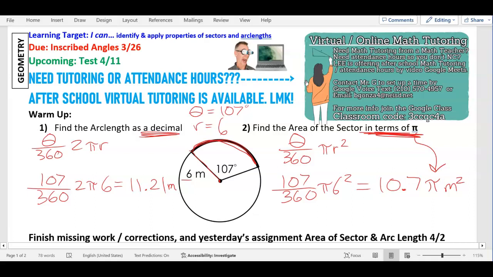And then you plug in theta and radius into your formulas. Everyone, decimal is when you type everything in, and your units of measure are not squared for arc length. But remember, in terms of pi, don't type the pi, write the pi. If you don't write it, it's not right. And remember, area has square units. So this is an example of everything we learned yesterday.